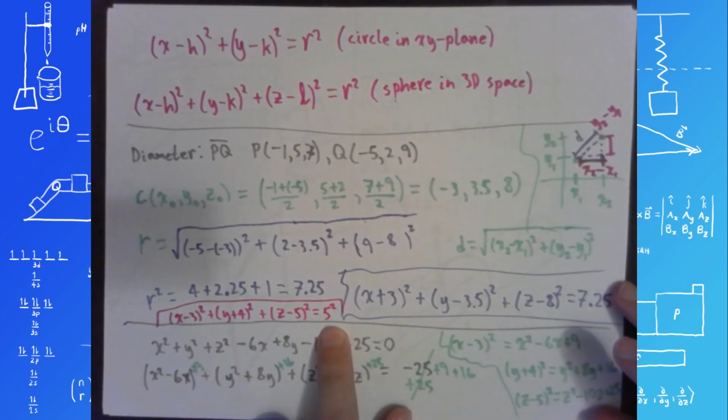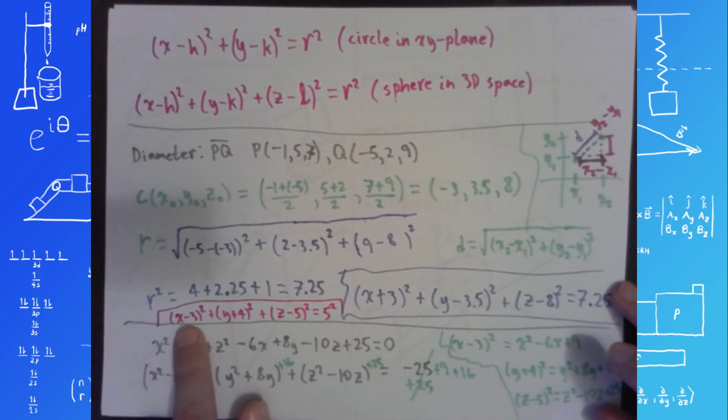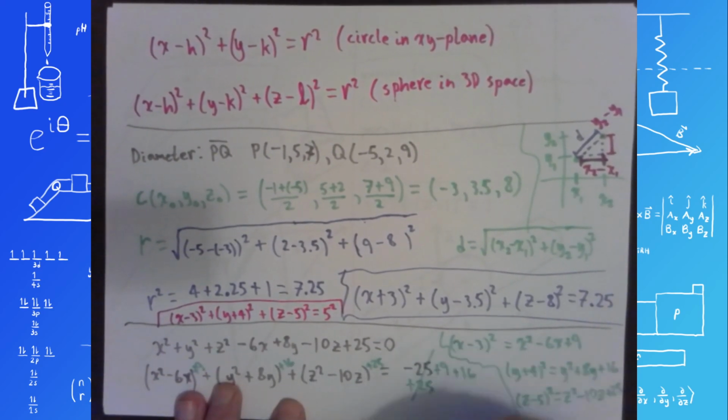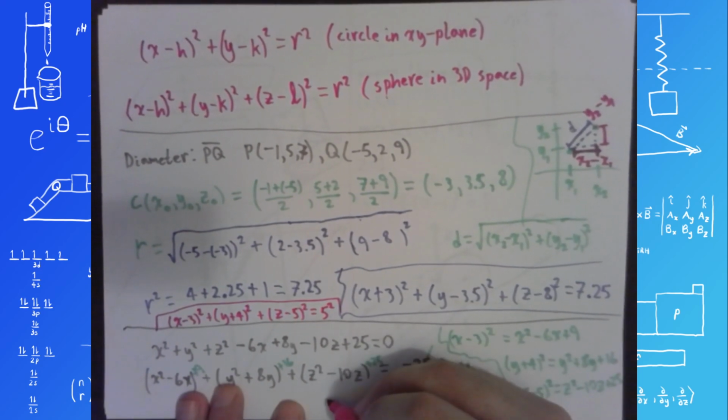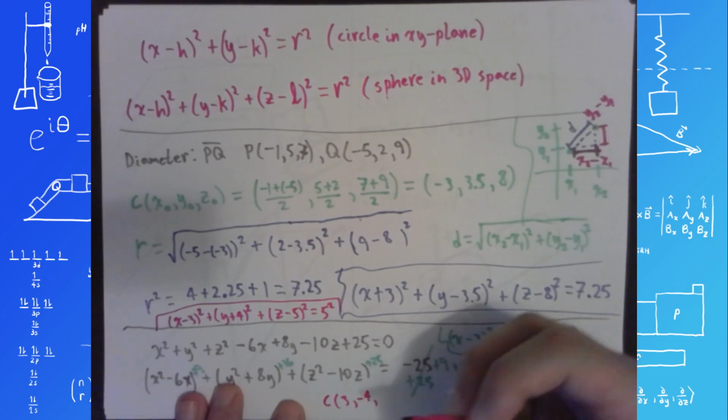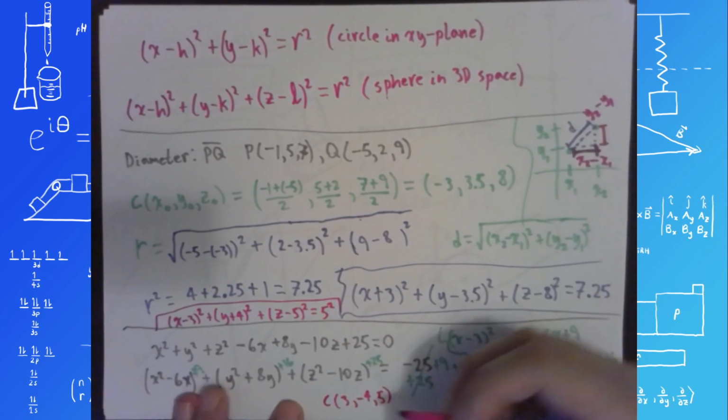So radius is 5 and center is 3, negative 4, 5.